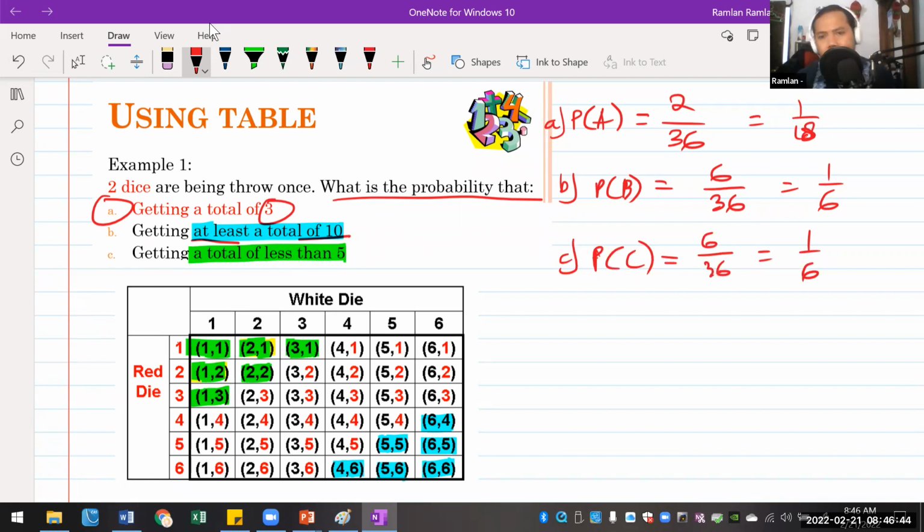Okay, so this is the example of how to use tree diagrams and also tables. Again, guys, when we have probability, actually we have a lot of cases, but we're only talking about simple probability, because if you're talking about more advanced probability, the numbers will be a lot more complex.